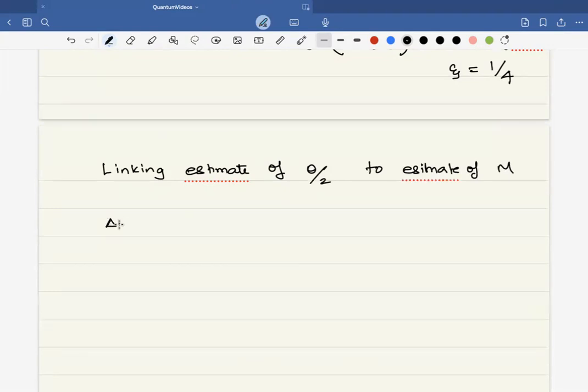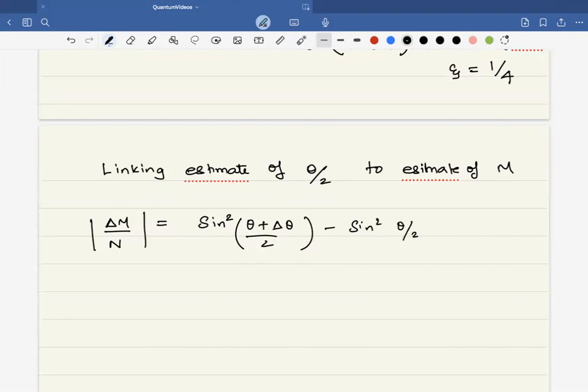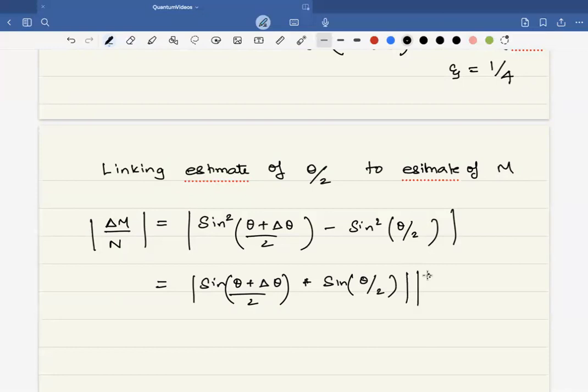So we have delta M over N is equal to, using equation 1, sine square of theta plus delta theta over 2 minus sine square of theta over 2. And then I can write this as sine of theta plus delta theta over 2 plus sine of theta over 2, multiplied by sine of theta plus delta theta over 2 minus sine of theta over 2. Simple: a plus b, a minus b is equal to a square minus b square.